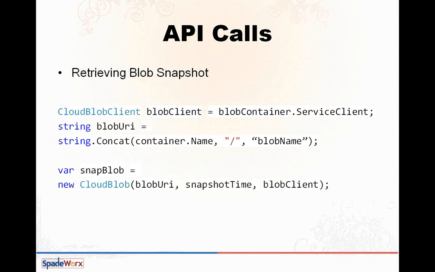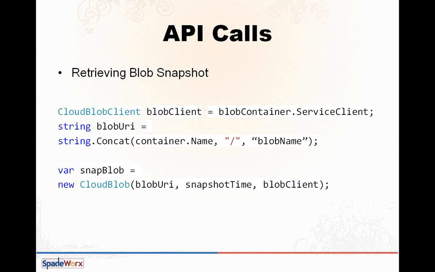Moving on to the next slide. Now this slide shows the code that you would require to retrieve the list of snapshots from an existing blob. All you need is a snapshot time. Every time you create a snapshot, the snapshot is associated with a time. So if I create a snapshot at 11 o'clock, to retrieve that snapshot I need to provide that exact time to the cloud blob constructor.